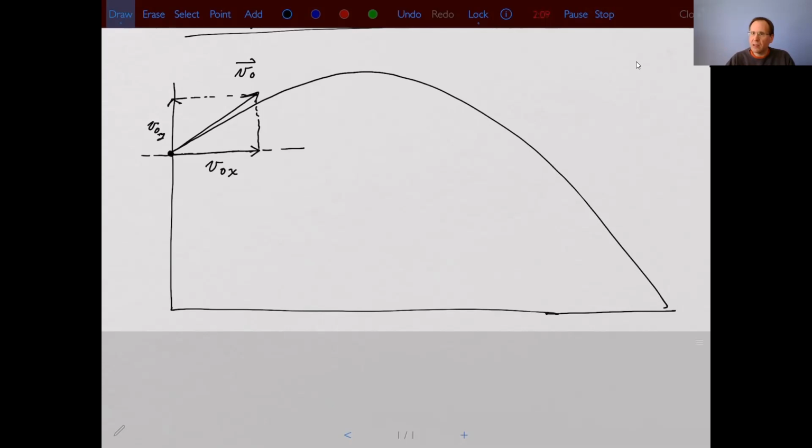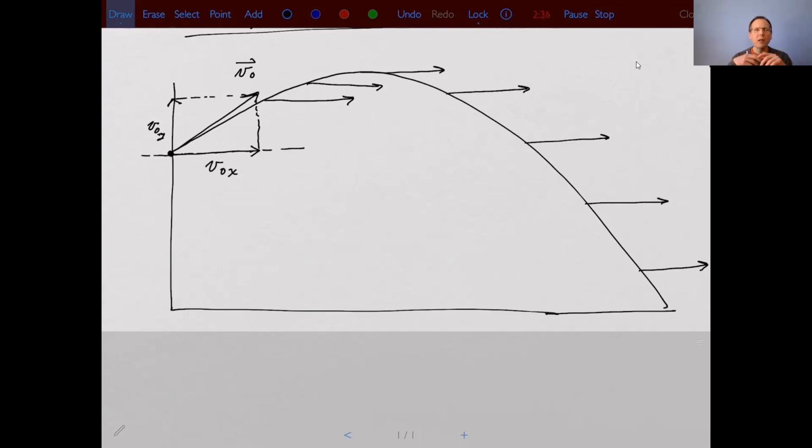Well, if the acceleration is 0, the velocity must be constant in the x direction. So whatever I had initially for my v naught x, that's going to be the same x component throughout the entire motion, including at the peak here. So I'm going to draw these all the same length. So the velocity in the x direction is constant.